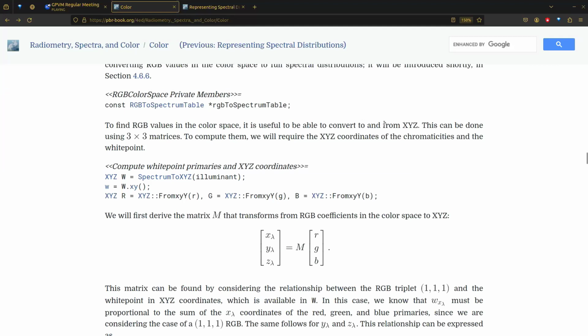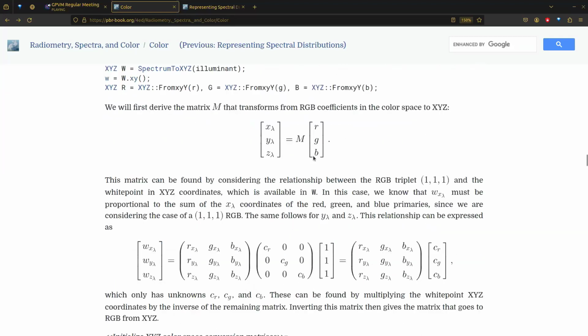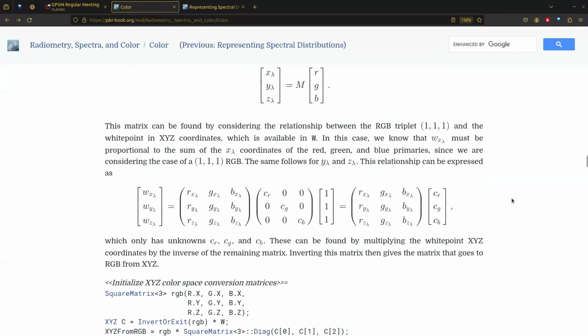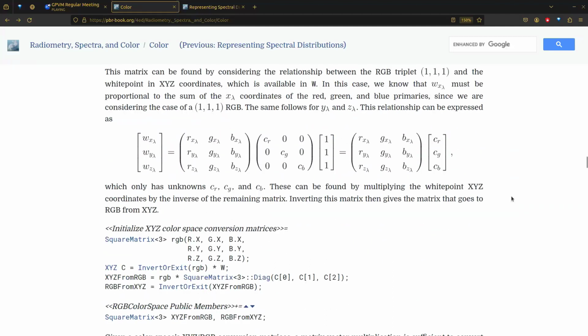So we're using 3x3 matrices, converting to XYZ. Okay. For the matrix M, it transforms RGB coefficients to XYZ, considering the relationship between the RGB triplet and the white point, which is W. Okay, so we know that this must be proportional to the sum.